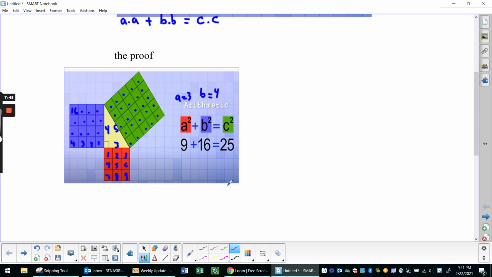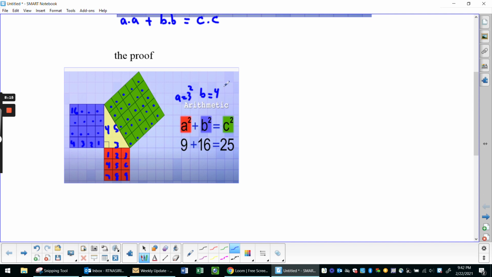Okay, so from here, we're able to actually solve for C, because there's no 5 here, right? We know from the measurements of these squares that this length is 5. But how can you mathematically show that? Well, 9 comes from 3 squared, right?